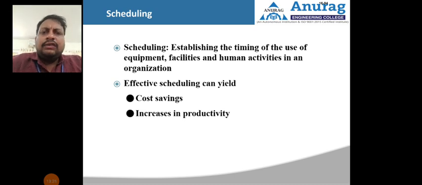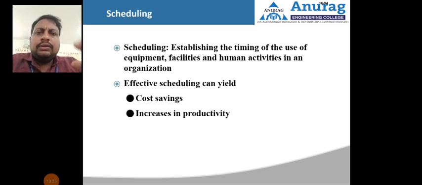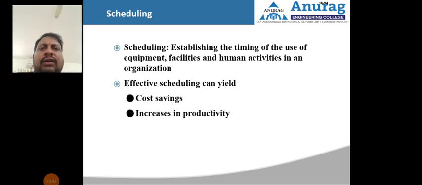Scheduling is also about analyzing the starting time and the completion time of each operation. That is also one of the objectives of scheduling. It looks at the starting and ending time of each job, and that is one of the important factors in scheduling. So the timetable of the production gives a time for every subject, starting and completing.